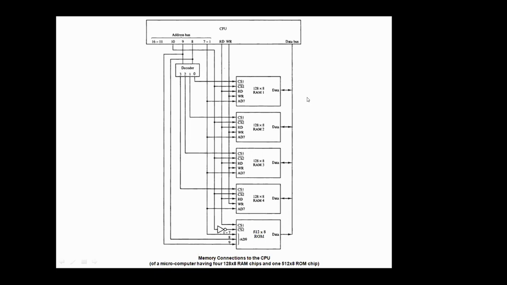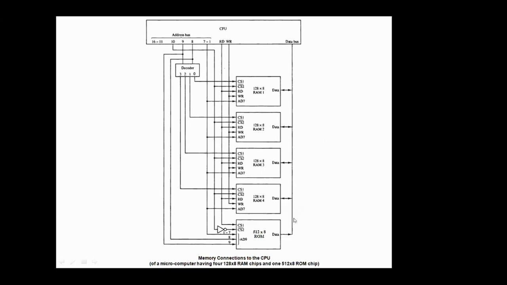In this diagram, we can see that every chip will have a bidirectional data bus, and it will be connected to a common data bus that will go to the CPU. The bus is common because only one chip can transfer data at a time.